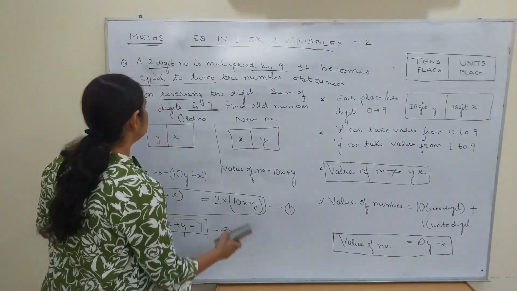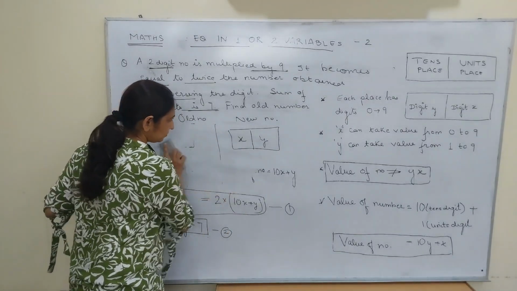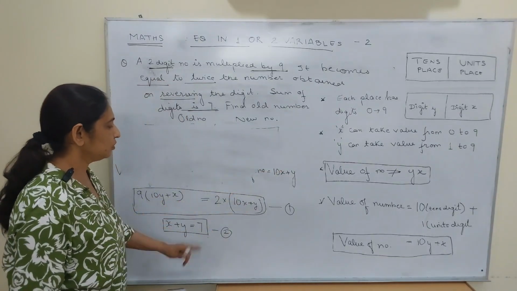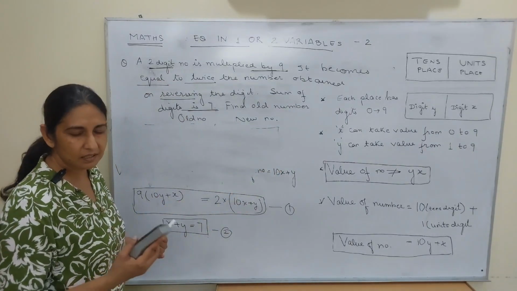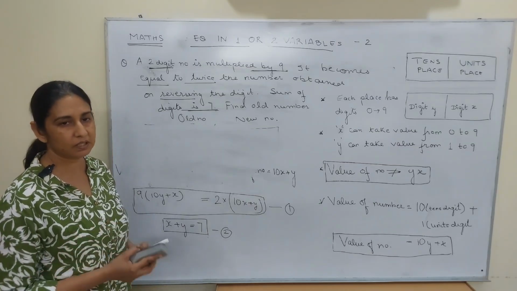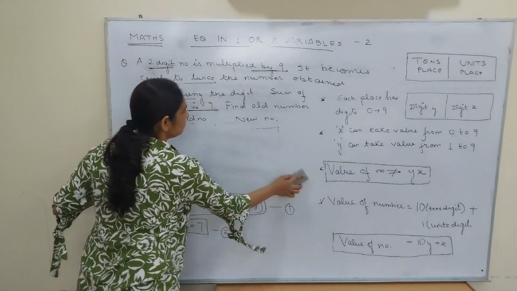We will not use x and y, we will use only x. You got this equation, you got this equation. Now you will just solve them by either elimination method, substitution method or cross multiplication method, however you feel like.